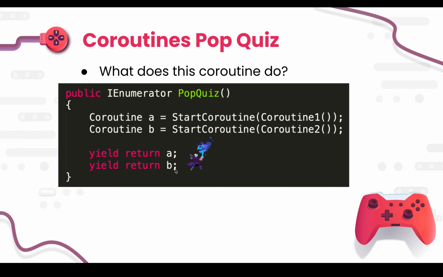So in essence, if coroutine A finishes first, then we wait until coroutine B finishes. If coroutine B finishes first, we wait for coroutine A to finish, and then we immediately see that B is already finished. So therefore, this entire function runs these two coroutines in parallel and waits for all of them to finish.